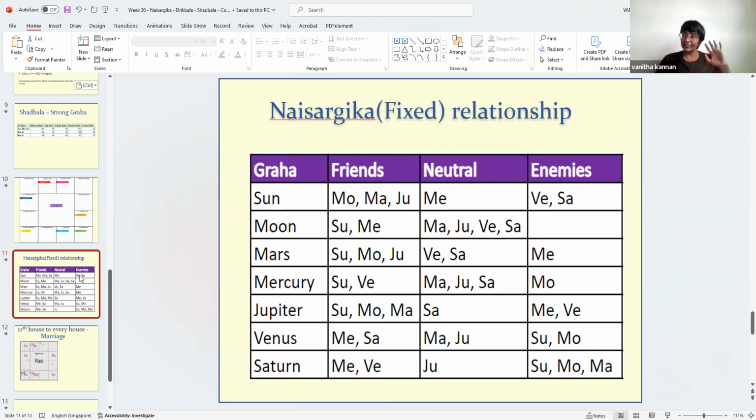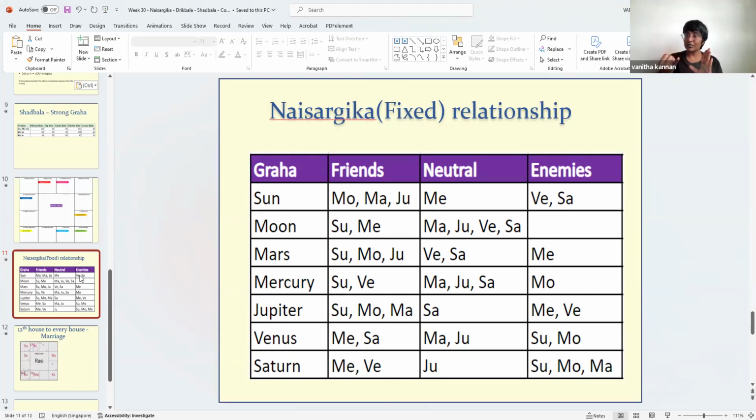You remember the story when we first discussed the grahas, I told you one story. Sun and the moon are the father and the mother. Then the Buddha is the princess. The Mars is the commander of the army. And the Jupiter is the finance minister or the guru for the Devatas.